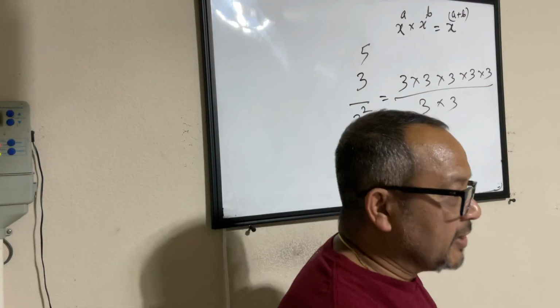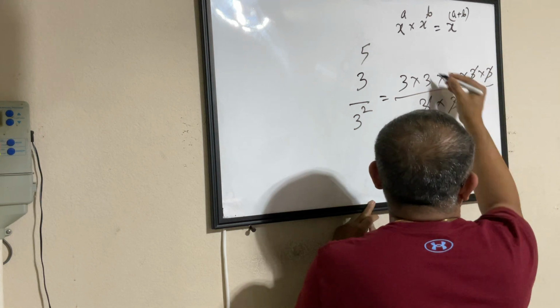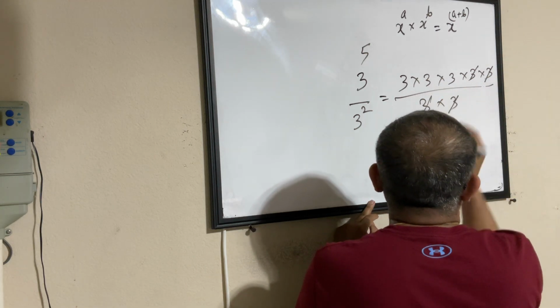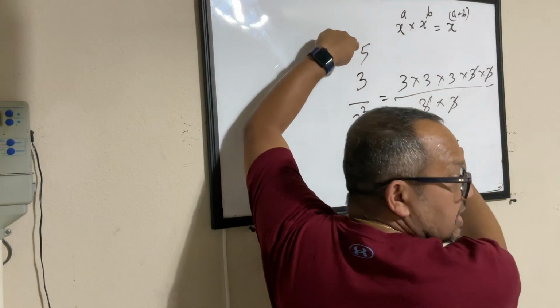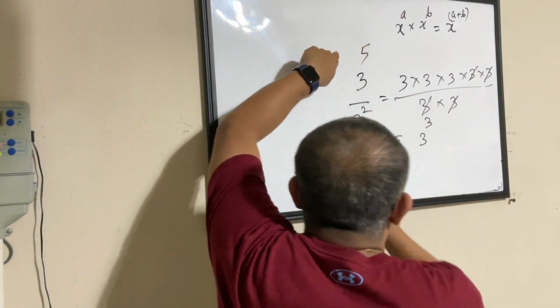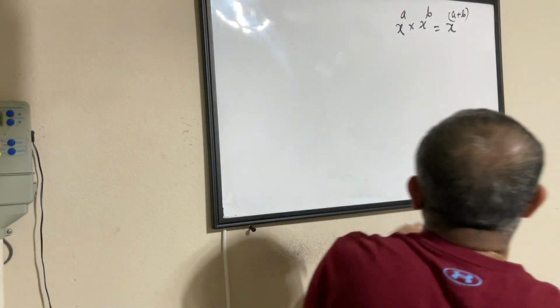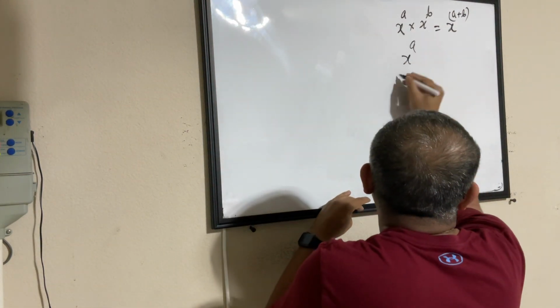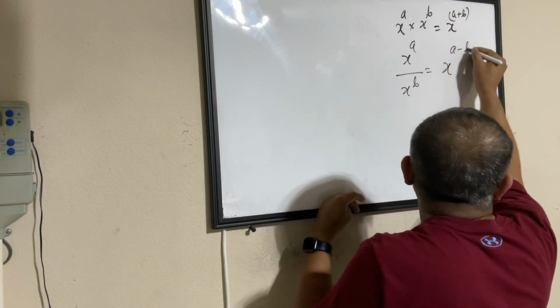Now, opportunity to play tic-tac-toe. This one gone, this one gone. What do I have now? 3, 3, 3. That is 3 to the power 3. What is that? 5 minus 2. So whenever I am dividing exponents with the same base, meaning x to the power a divided by x to the power b, it will give me x to the power a minus b.